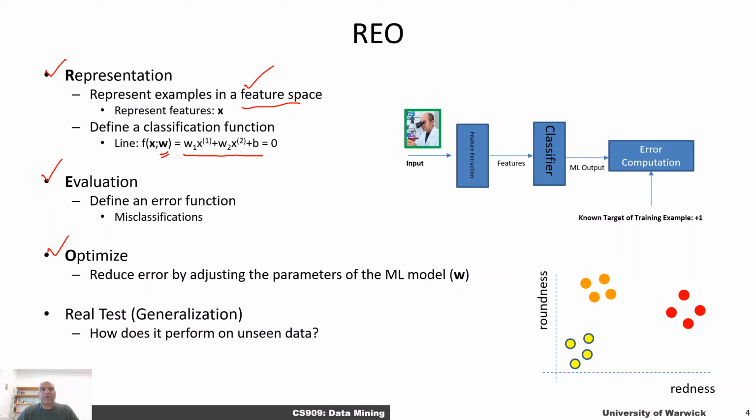But if there is an error on the training data set, then we would go ahead and change the parameters of this classifier. We would change this classifier until we are satisfied that it produces a small amount of error over the training data set. Once we are satisfied with that, we can go ahead and test it over a validation data set, and then we can put that into practice.